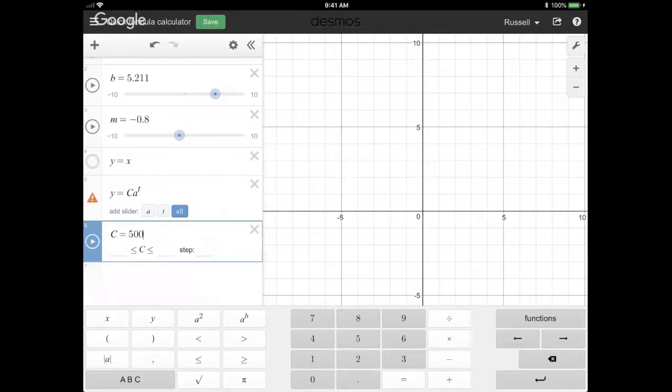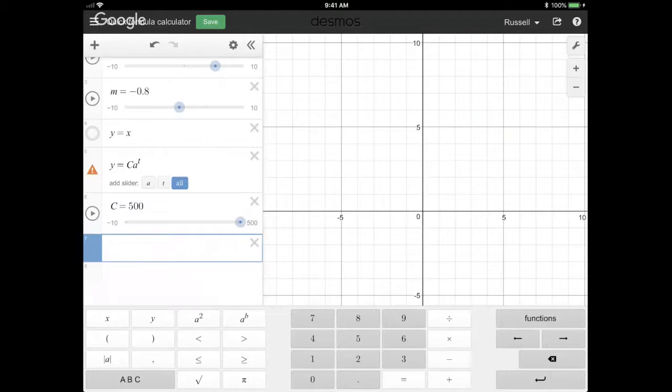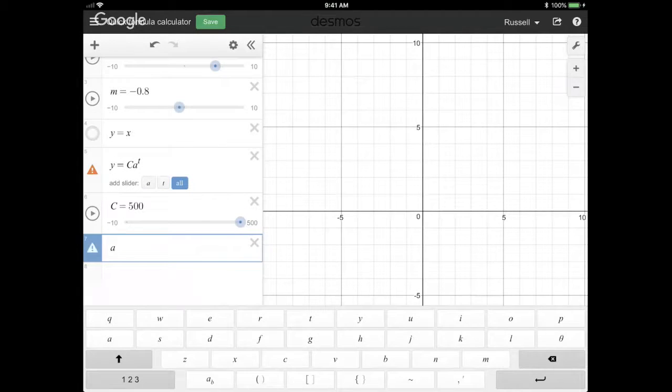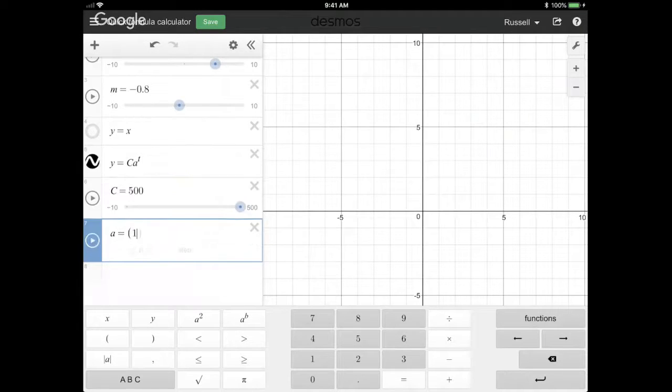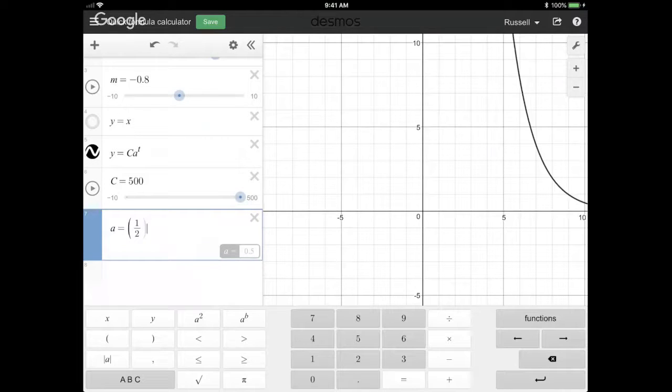And let's see, what was A equal again? A was equal to parentheses 1 divided by 2, close parentheses.